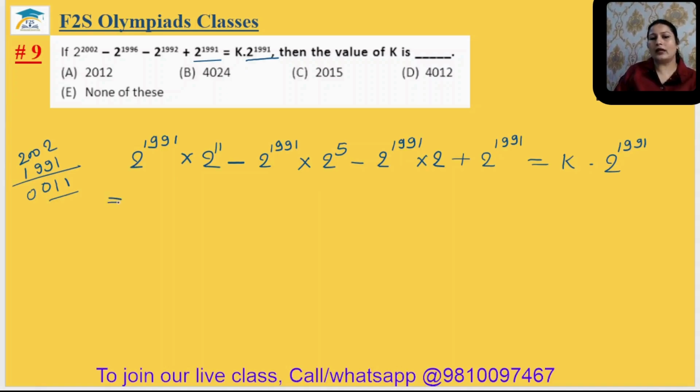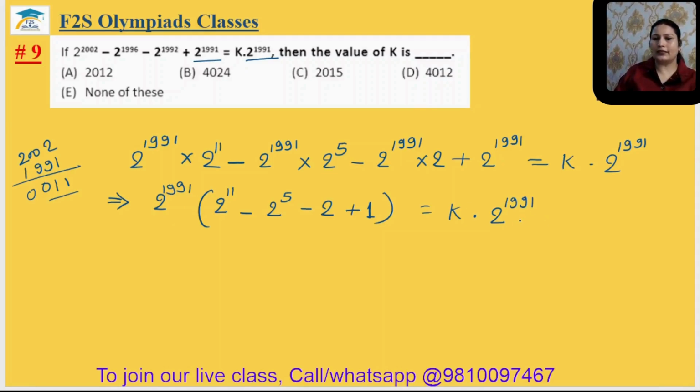Now we can take out 2 to the power 1991 as common because it is available in all the terms. Next will be 2 to the power 11 minus 2 to the power 5 minus 2 plus 1 equal to k into 2 to the power 1991.